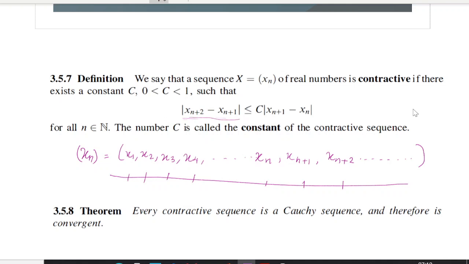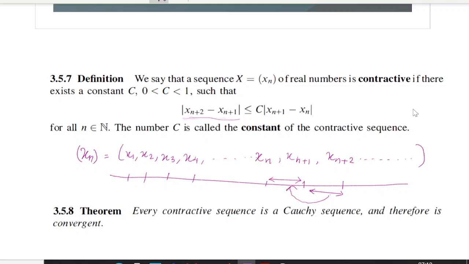So this distance is some c times modulus of xn plus 1 minus xn, which means this other distance. This distance should be a multiple of that distance, and that multiple is the number c.